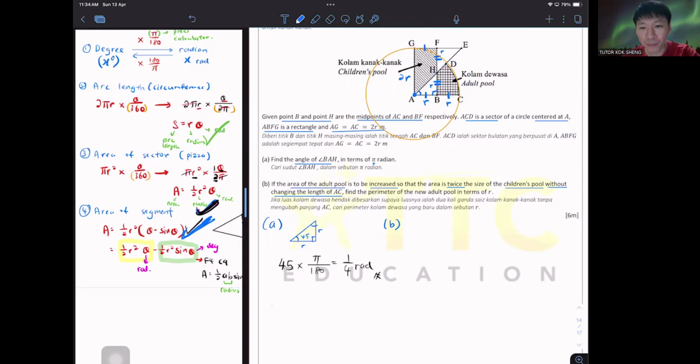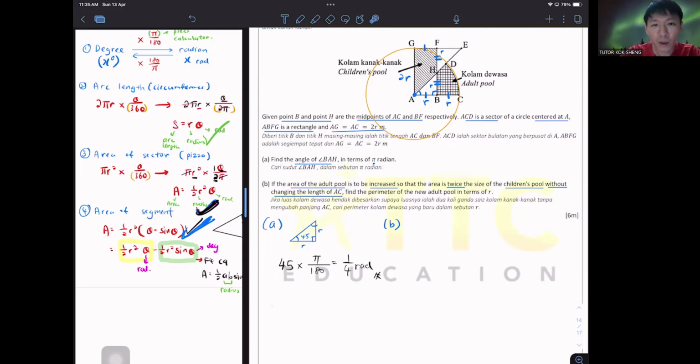So this part, I don't know how you think about this sentence, because for me, I got an answer different compared to the bottom. I share my thinking first. It says that cannot change the length of AC. So I would think the radius stays the same because AC and AD are the radius of the sector.